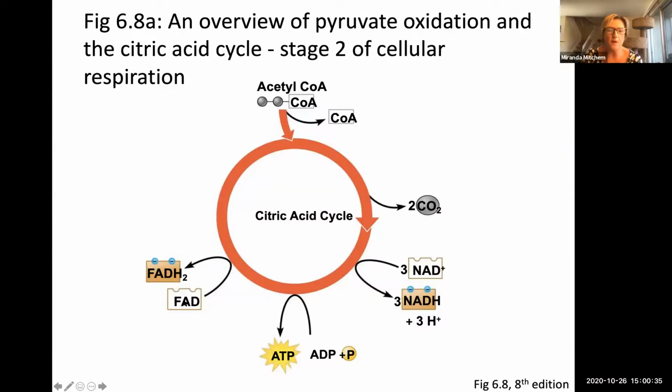A single molecule of FAD is reduced to FADH2. That is the citric acid cycle. So the starting material is acetyl-CoA. The ending material that we are going to focus on is what goes to stage 3, the loaded NADH and FADH2 molecules. That is what goes to stage 3, our loaded electron carriers.